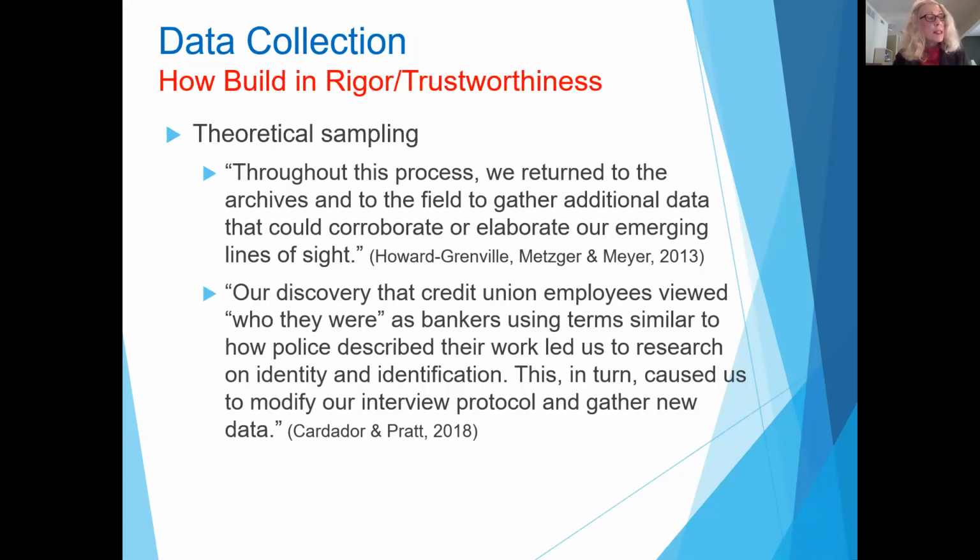This in turn caused us to modify our interview protocol and gather new data. So in this case, a discovery led them to the literature, which then led them not only to collect new data, but also to modify the questions that they were asking. This transparency builds trust that they're doing all they can to understand and elaborate the theory that they're building.